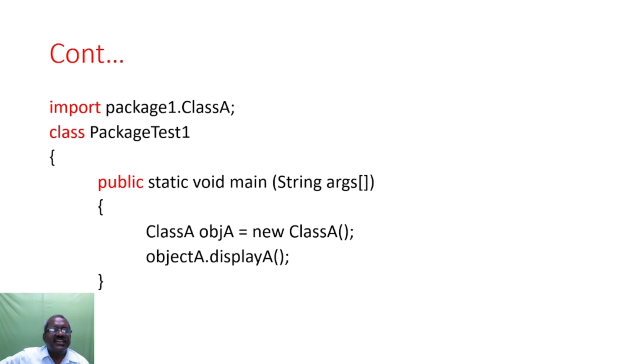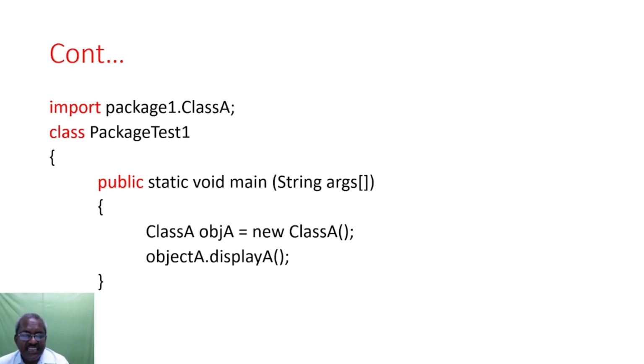We import that class in another class or in another file. Then class package test. Then we write a main method class. Main method class package test 1 is the main method class, where we are writing class A. Class A is inside package 1, so that is directly accessible.